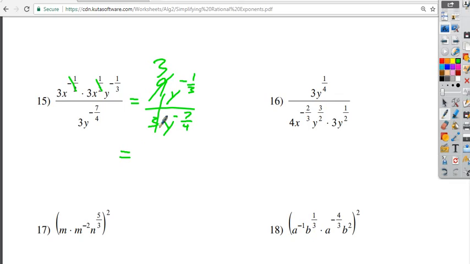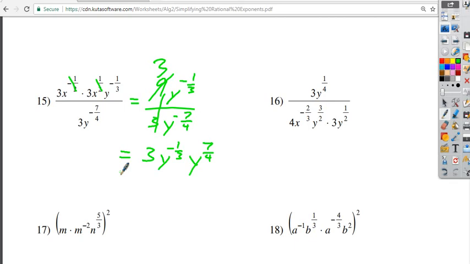We need them next to one another. So I'm just going to take the one that's in the denominator and move it up here and see what happens when I add the exponents. So I'm going to have 3y to the negative 1/3 times y to the positive 7 over 4. You see what I did?